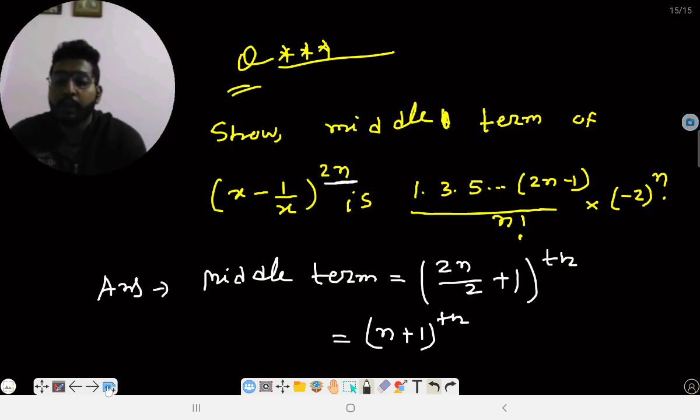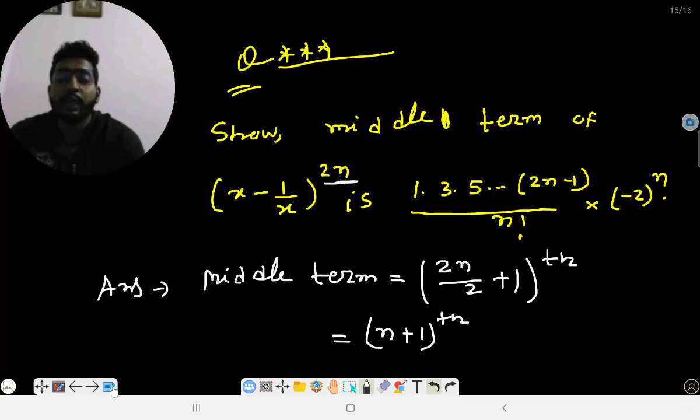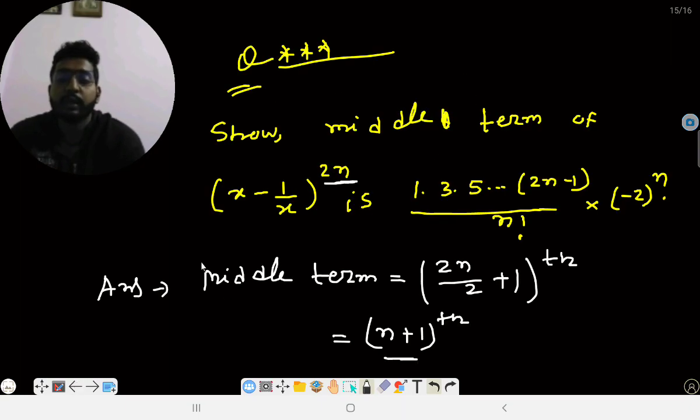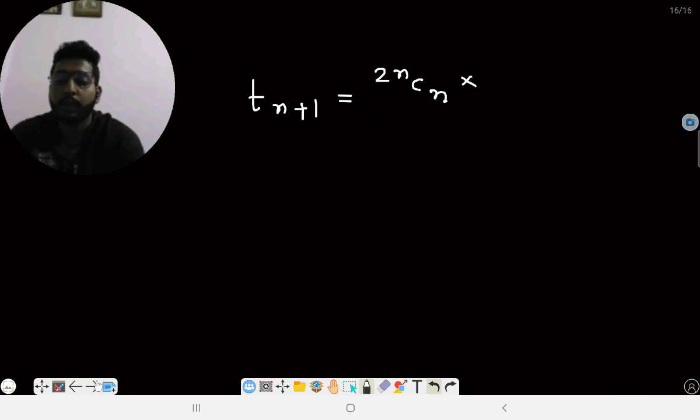Now we know how to find the middle term. So what is the formula? T r plus 1. Now here it is the n plus 1 th term. This is the middle term. So T n plus 1 we need to find. Now what is the formula? nCr. Now here n is 2n, so 2nCr, and r is n, into a to the power n minus r. Now what is a here? x. So we can write x to the power n minus r into b to the power r, that means minus 1 by x to the power r.